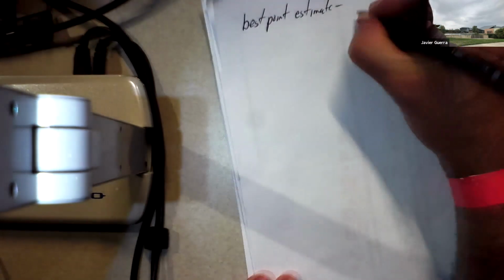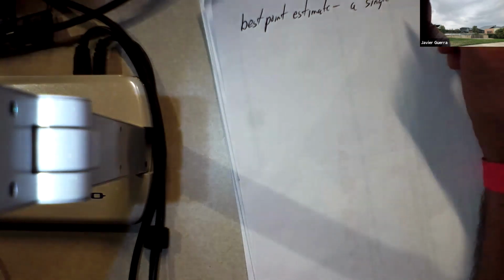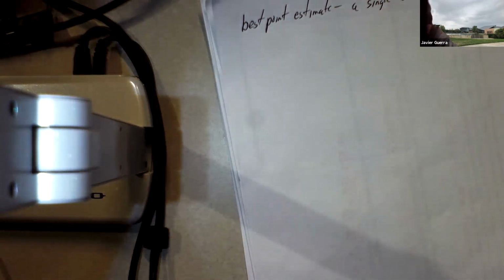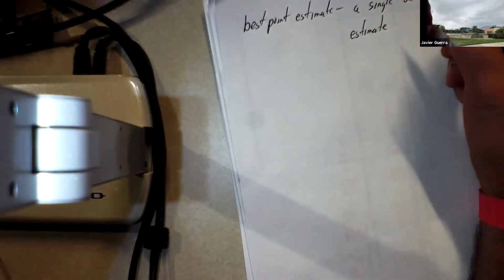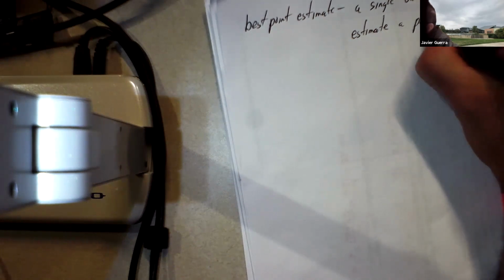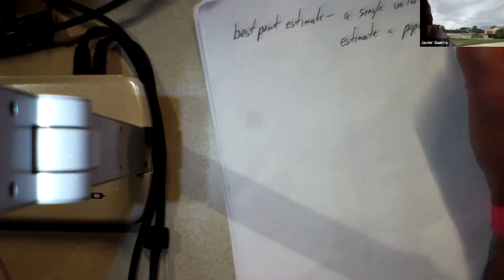All right, so best point estimate is a single value used to estimate a population parameter.